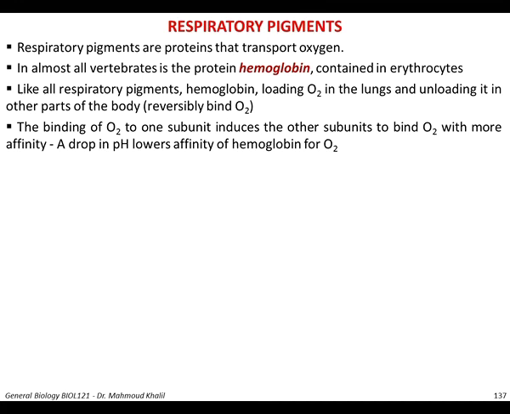The binding of oxygen to one subunit, as we said before in the last lecture, hemoglobin consists of 4 subunits. So the binding of oxygen to one subunit induces the other subunits or parts of the hemoglobin to bind to oxygen with more affinity. And a drop in the pH, that means blood with higher carbon dioxide concentration, lowers the affinity of hemoglobin to oxygen.